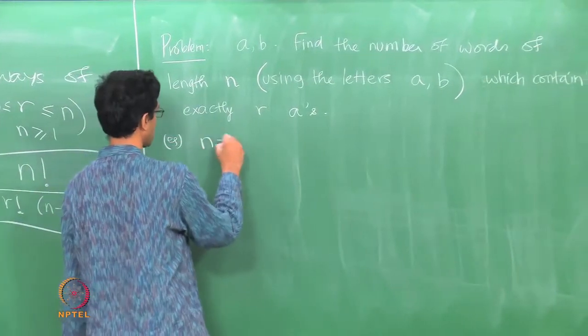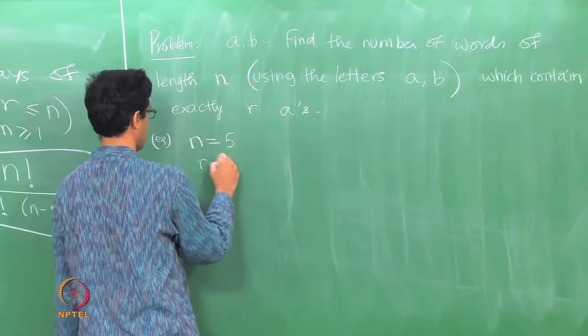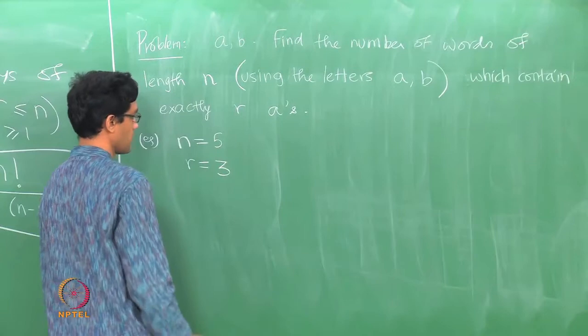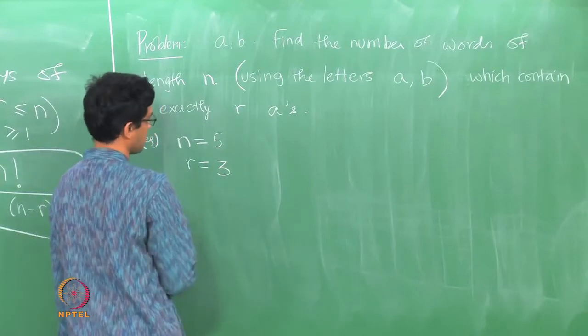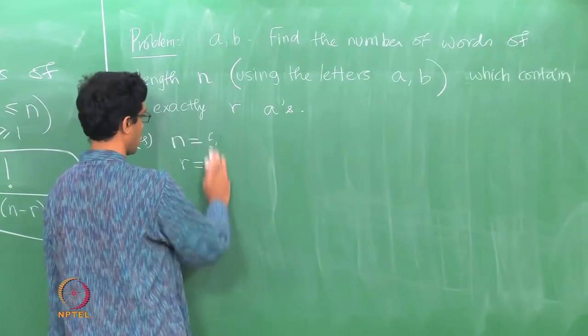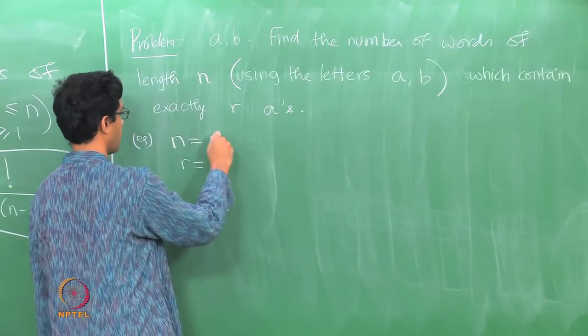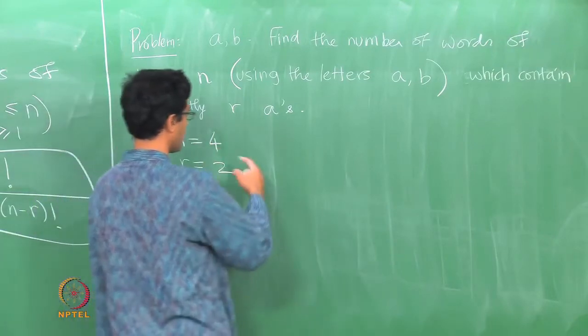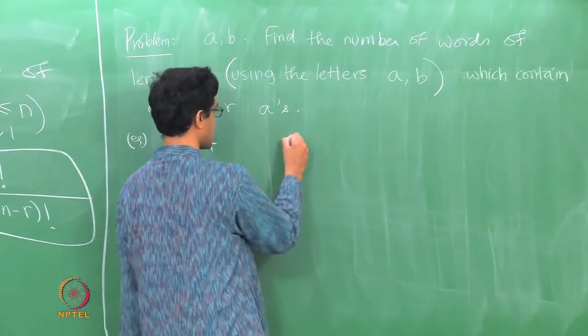Suppose I take n equals 5, R equals 3. Let's take something slightly simpler. I say 4 and 2. I want words of length 4 which contain 2 A's.